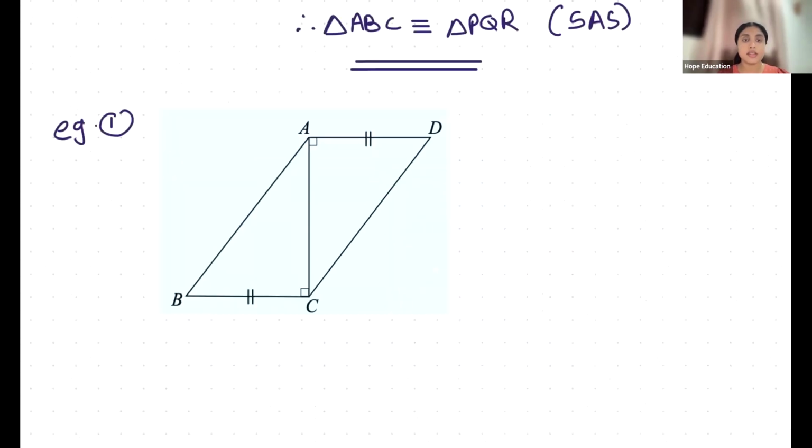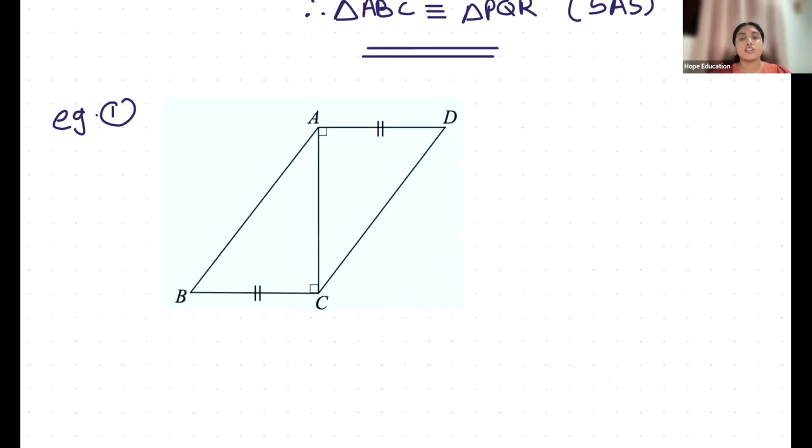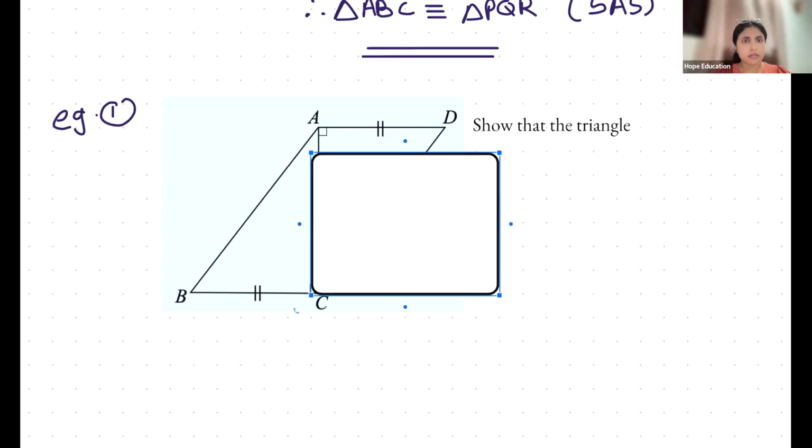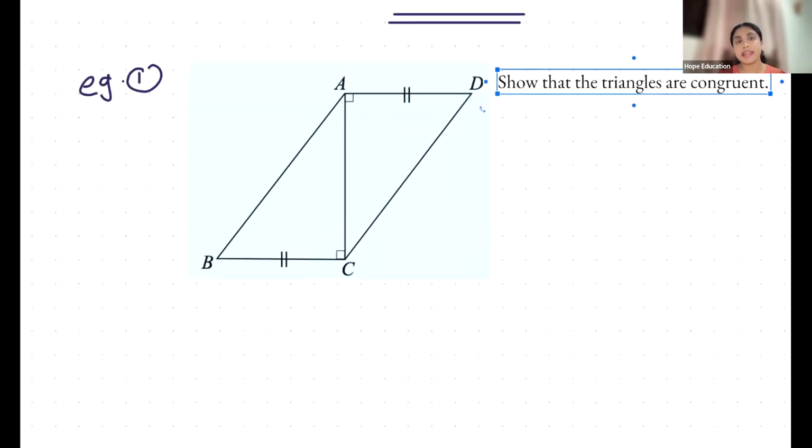So the question is, show that the 2 triangles are congruent. Okay. The 2 triangles are ABC and ADC.